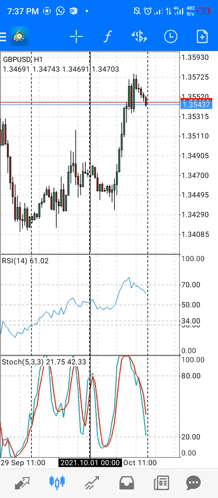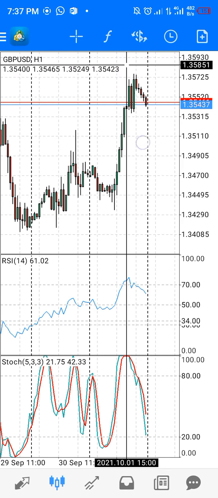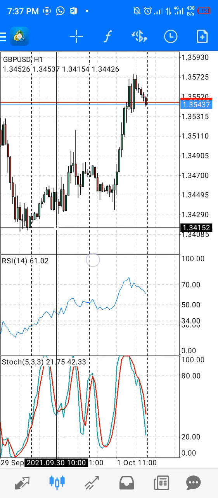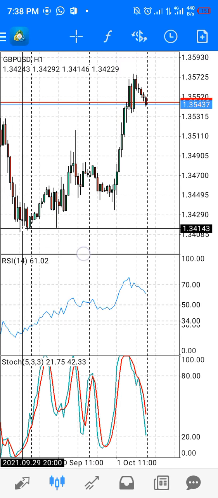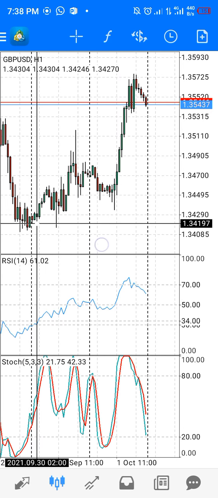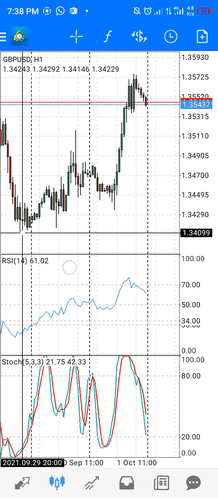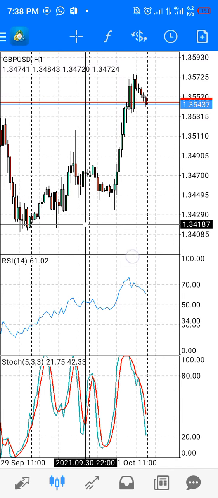For instance, if you're selling here, your stop loss should be 5 pips above this. If you want to buy here, your stop loss should be just 5 pips below this low.